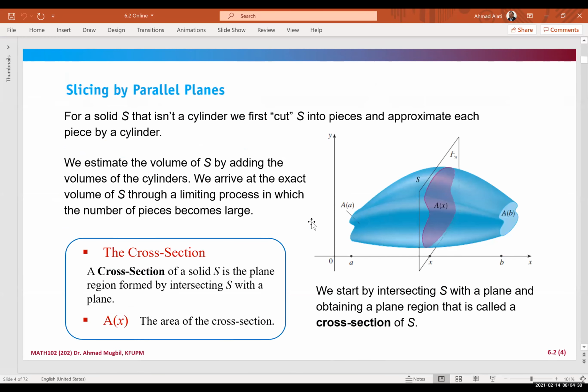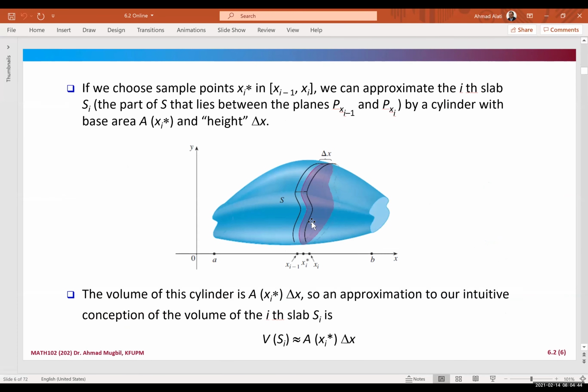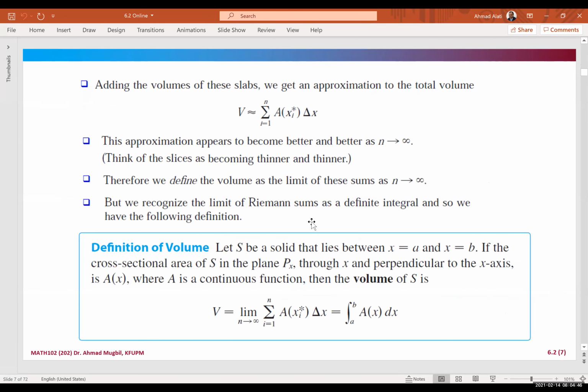Then we defined what we mean by cross-section, and what A(x) is here. A(x) is the area of the cross-section. And of course, we have shown you that the volume is just the integral of the area of the cross-section.